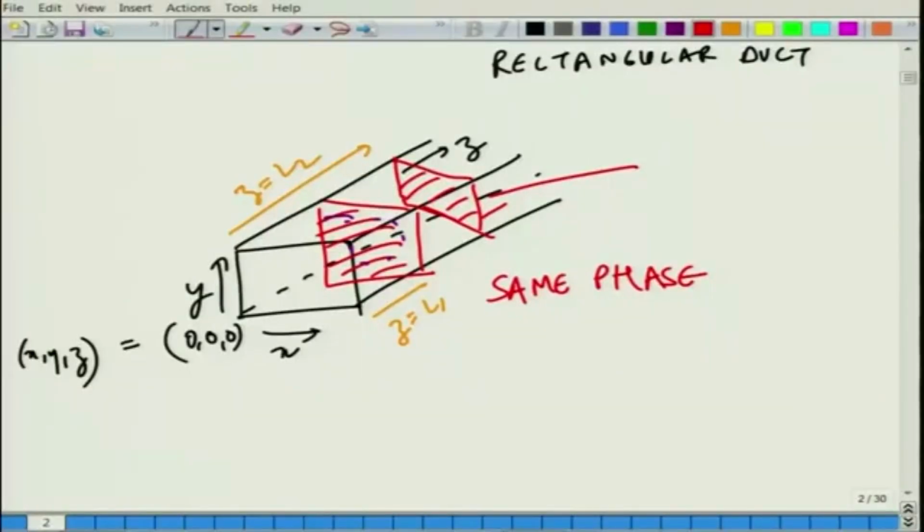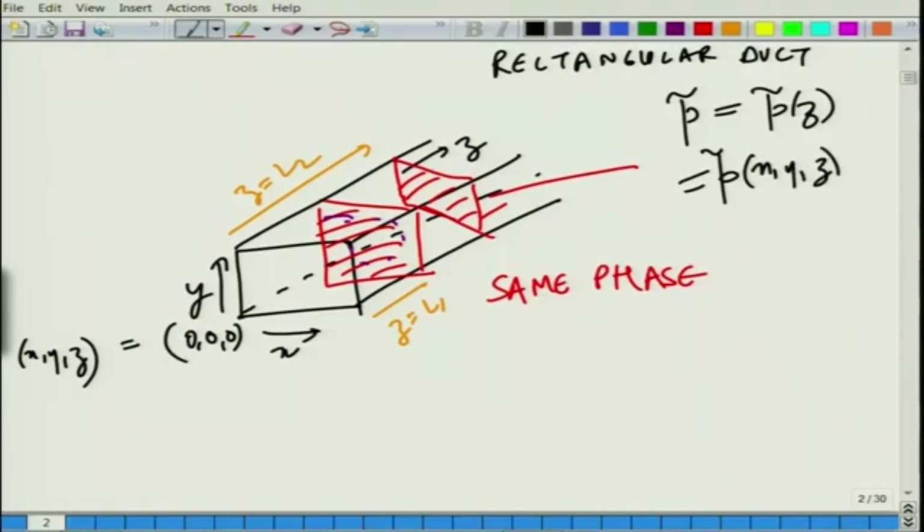But like I said, there is a difference between this idealistic or theoretical world and the actual realistic environment. In the real world, beyond a certain frequency, 3 dimensional effects will begin to show up. That is to say, the acoustic pressure value P tilde will no longer just be P of z, it will be P of x, y and z, and of course, we assume time harmonicity.